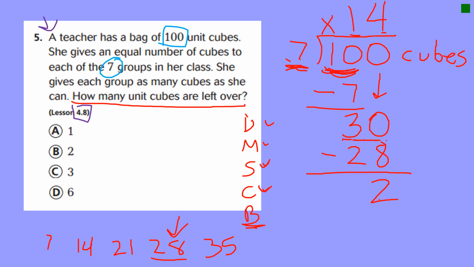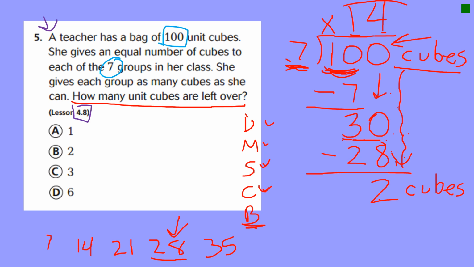Now, boys and girls, remember, whatever the label is for the dividend, that's also the label for the remainder. Okay? Everything we're dividing down, it's all base 10 blocks, or the cubes. So, let's see. How many unit cubes are left over?